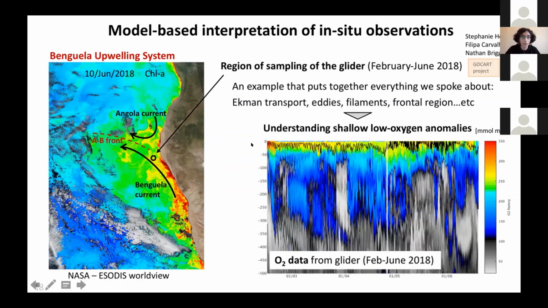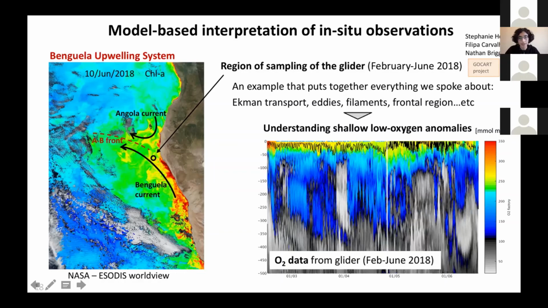And this is really where models can come in to help. So I'm showing you here the oxygen concentration from the glider data. And you can see that there are these shallow, low oxygen anomalies that show between, let's say, from 50 meters depth and below up to about 300 meters depth.